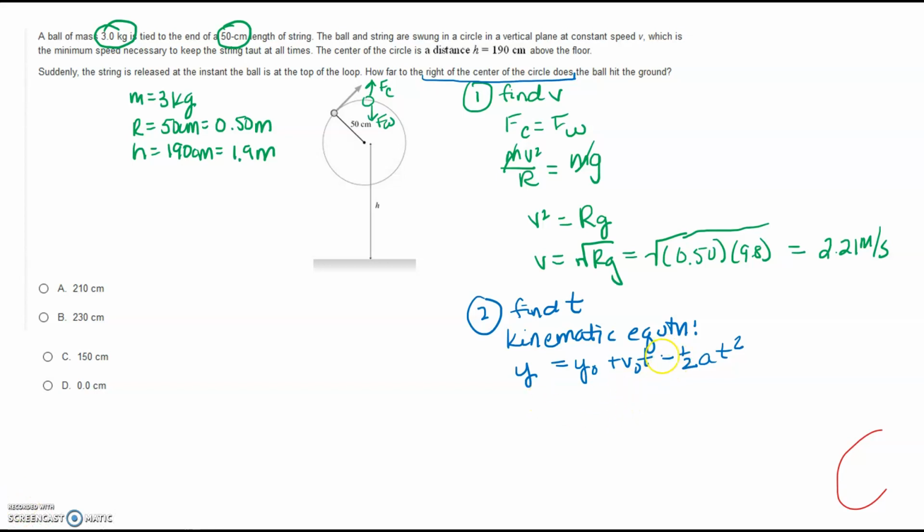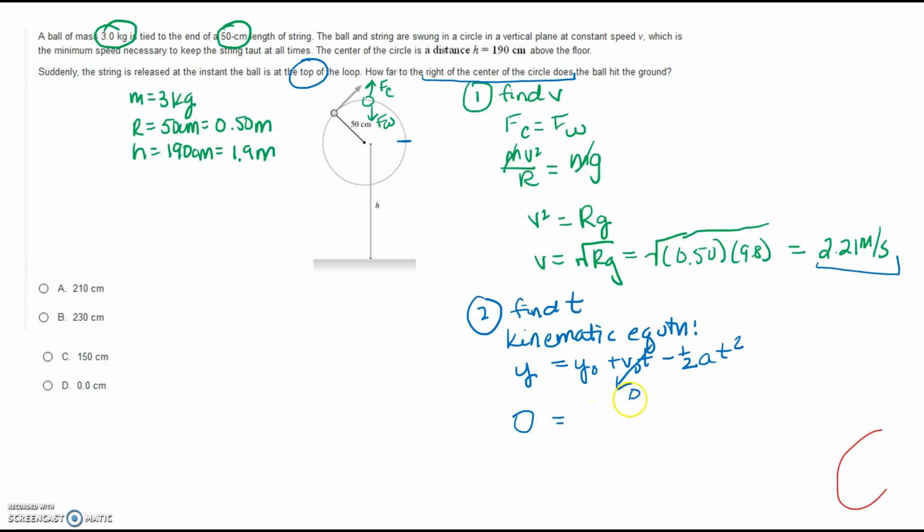Okay, so one of the things we need to know from the outset is that V0 is 0. We're not going to use this for our V0, because we are at the top of the loop. If you go back to our former example, we were right here at halfway, so we used our V0. So again, our y is going to be 0 because it's when it hits the ground.